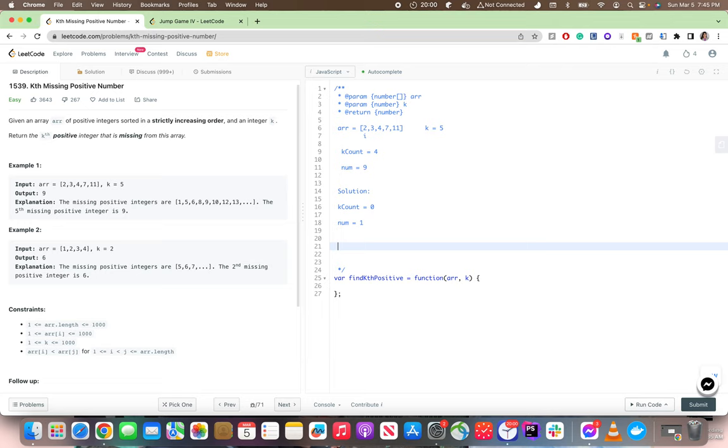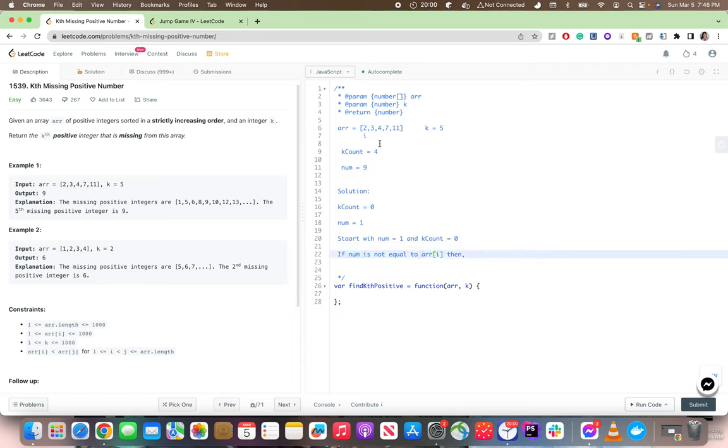So this is the algorithm. If num is not equal to array[i], then what would we do? We start with num equal to 1 and k count equal to 0. If it is not equal to array[i], it means that 1 is missing, so I need to increment k count and num as well.